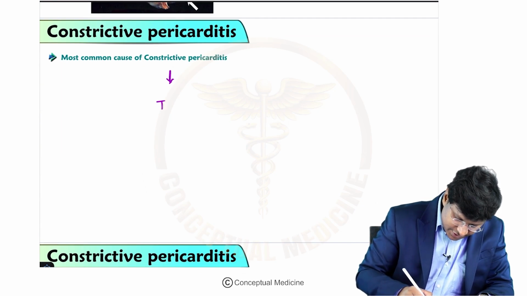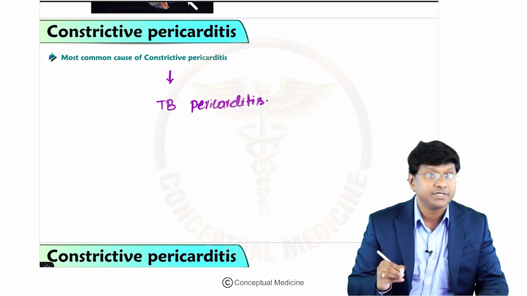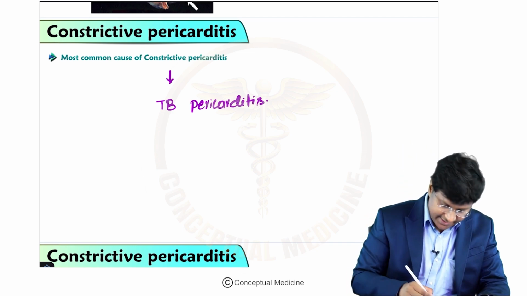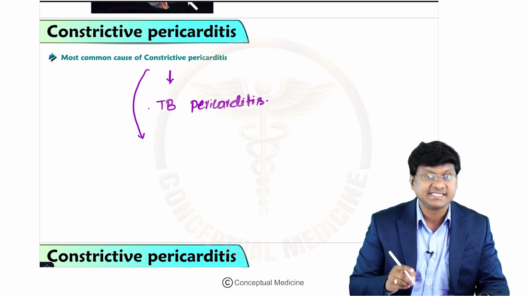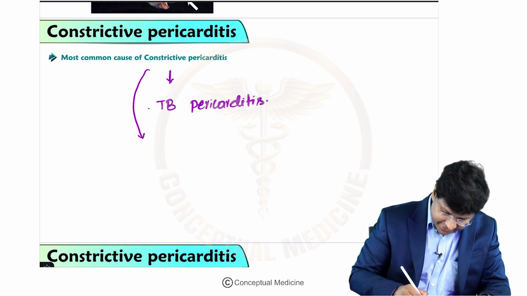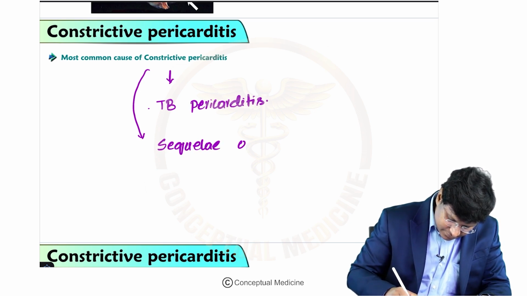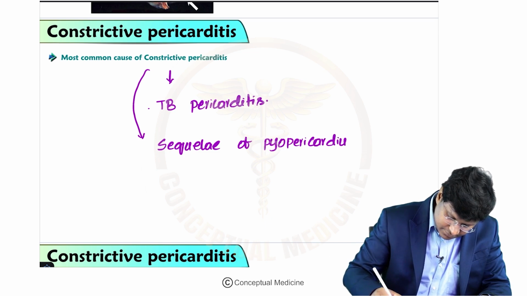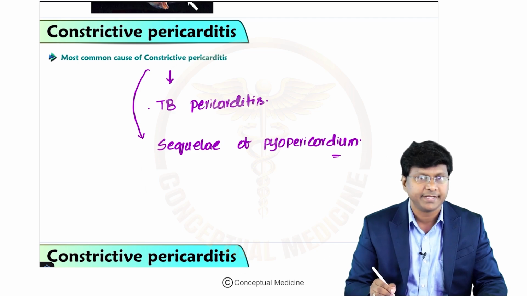The most common causes of constrictive pericarditis will be tuberculosis pericarditis, and this constrictive pericarditis can also be a sequel of pyopericardium.